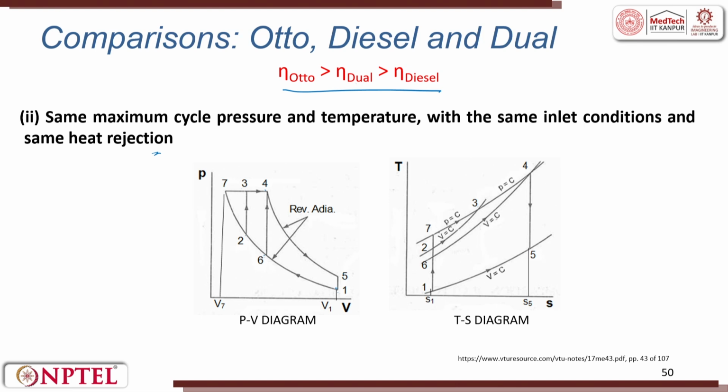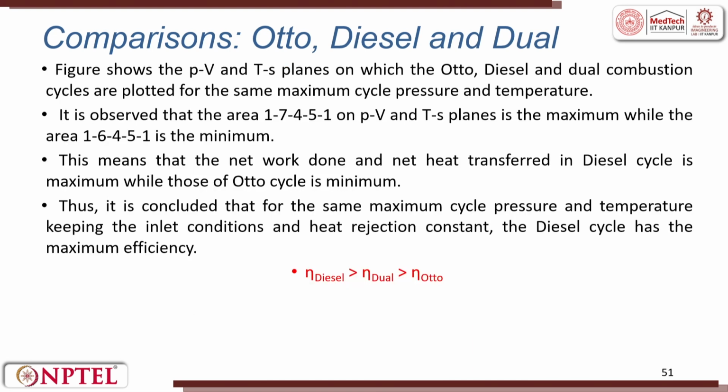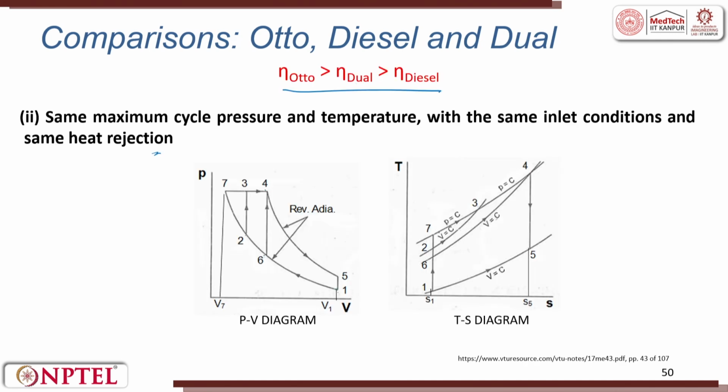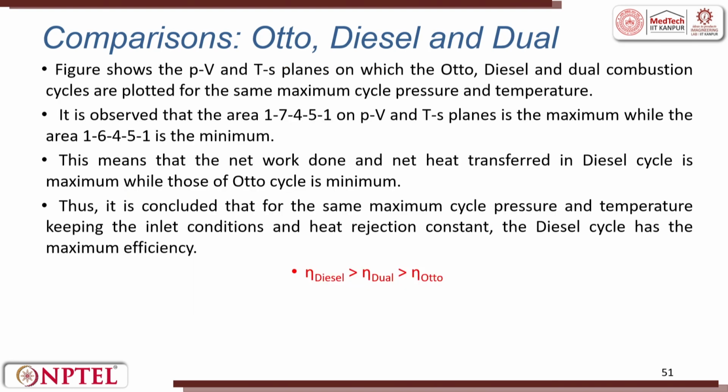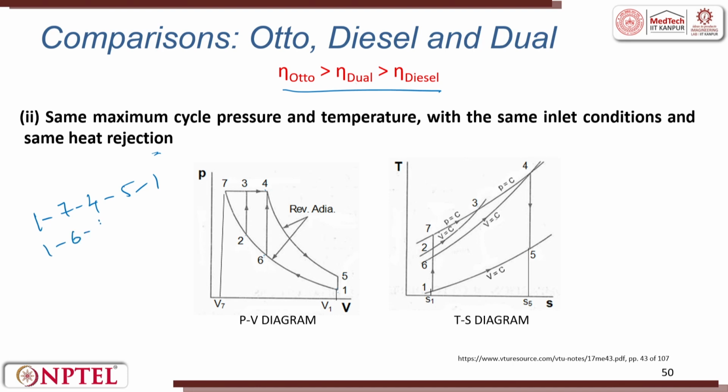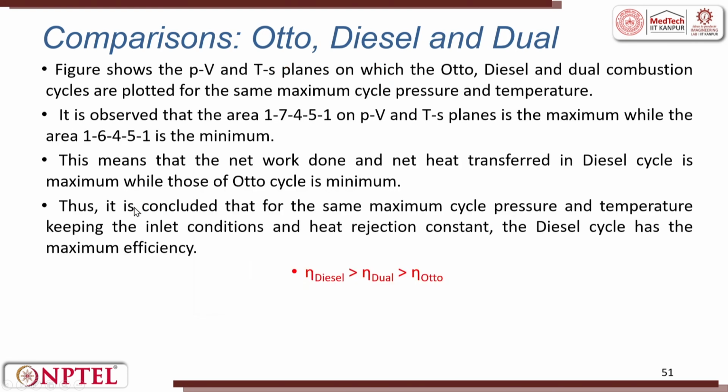The last one can be 1, 2, 7, 4, 5, 1. Let us write the observation as 1, 7, 4, 5, 1. The other one is 1, 6, 4, 5, 1. Two cycles we are taking.